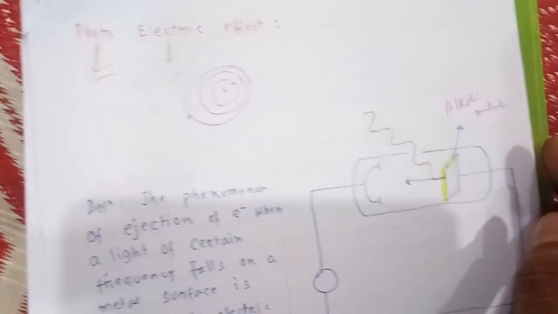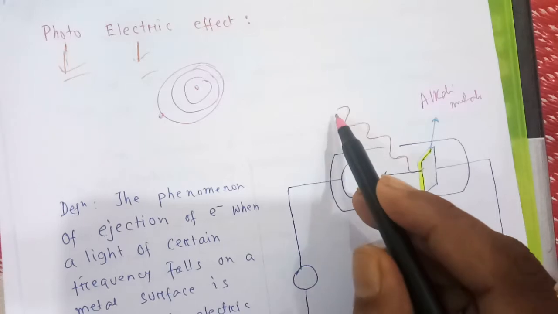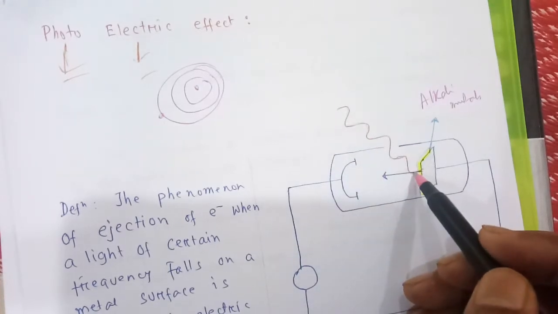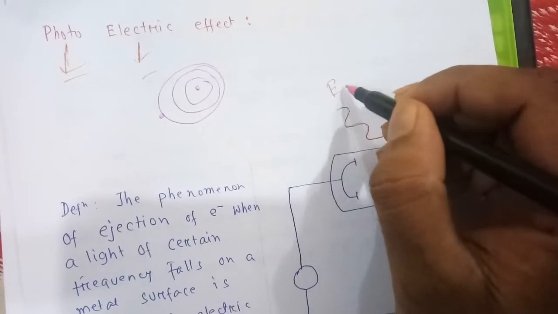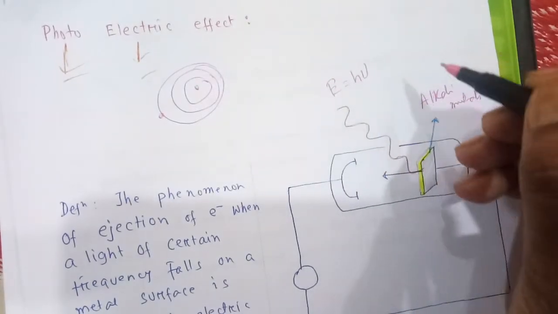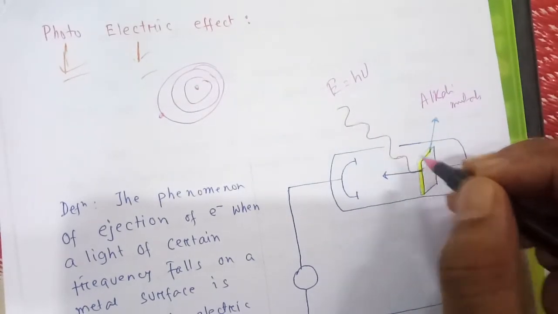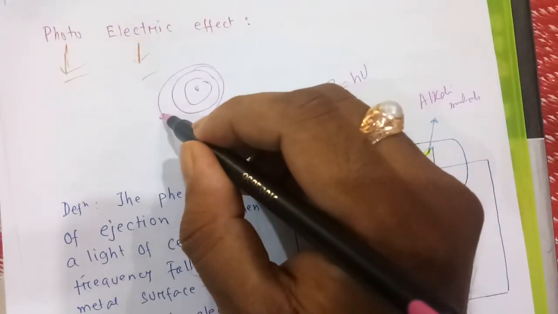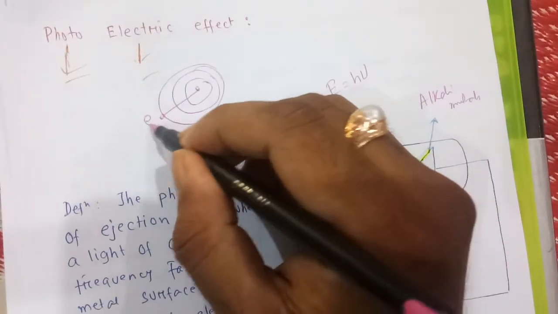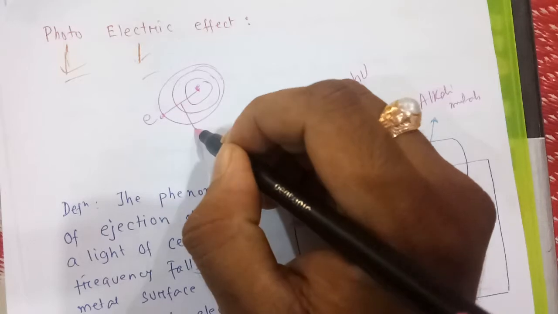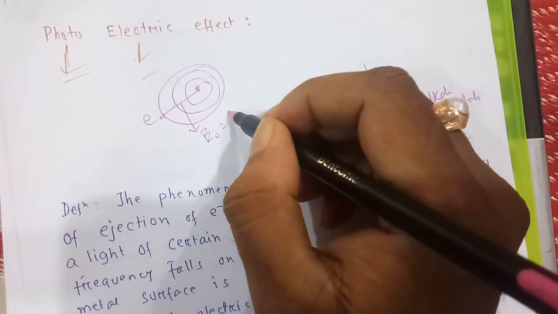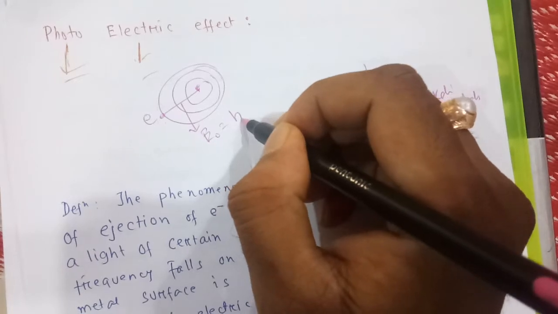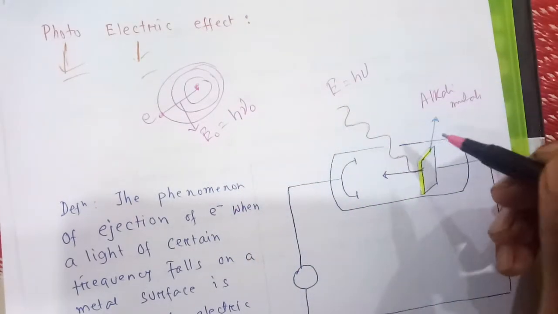Now, when light falls on the alkali metal, if the energy of light, h nu, is greater than the energy of attraction between the electron and the nucleus, this energy is called E naught for a substance, equal to h nu naught.